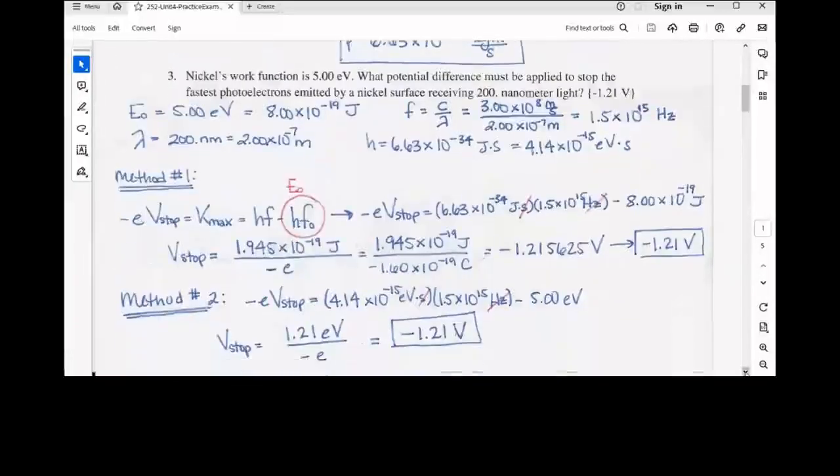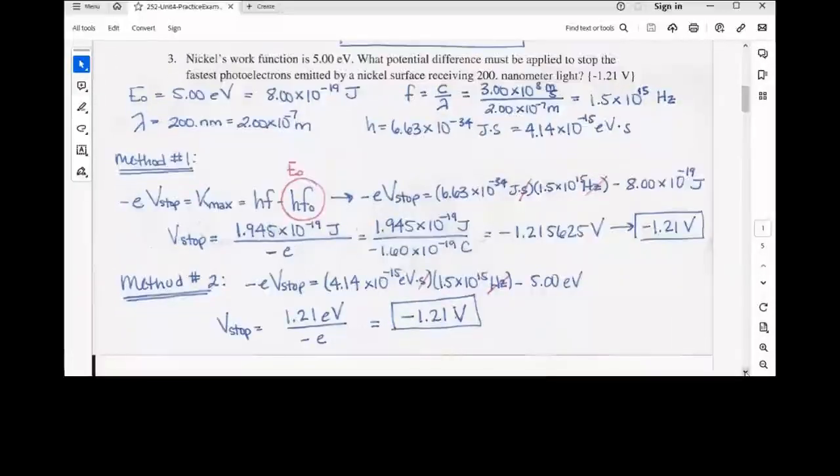Number 3 is a photoelectric effect question. Nickel's work function is 5.00 electron volts. What potential difference must be applied to stop the fastest photoelectrons emitted by a nickel surface receiving 200 nanometer light? So we're given the work function, which is the minimum energy required to reach the photoelectrons that are the least deeply embedded in the surface.